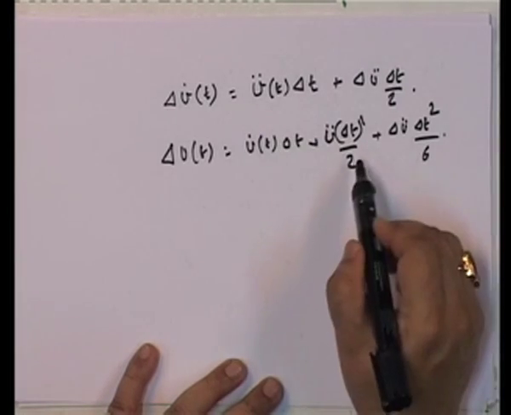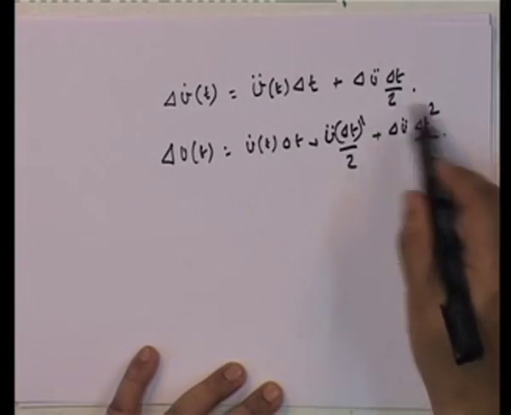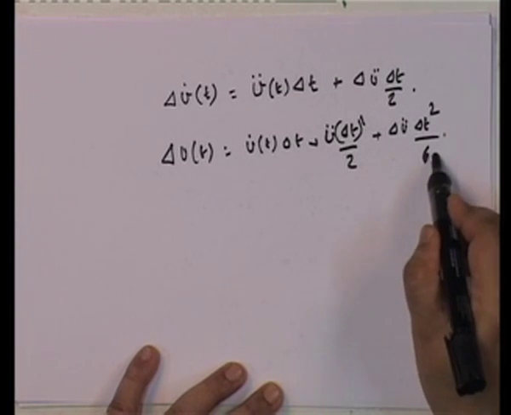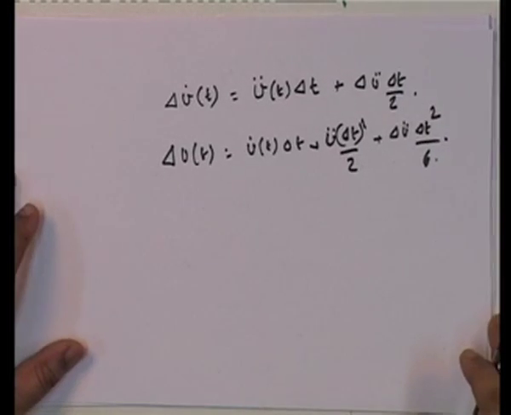Okay. So, this term squared becomes, and this term then becomes upon 6. This is essentially nothing but an integration.